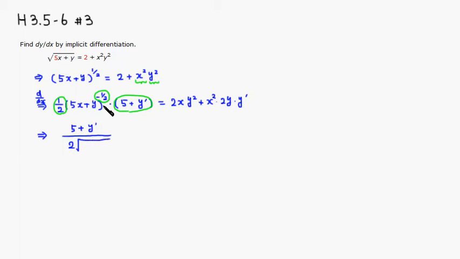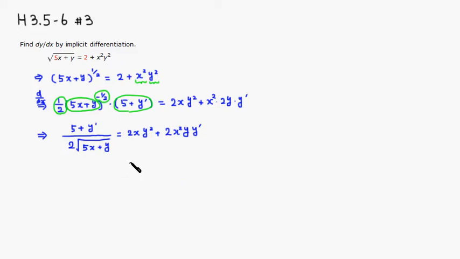It's a negative power, so that means it's on the bottom. 1/2 is a square root. And inside the square root goes 5x plus y. And this is equal to 2xy squared plus, I'll probably write it as 2x squared y times y prime.